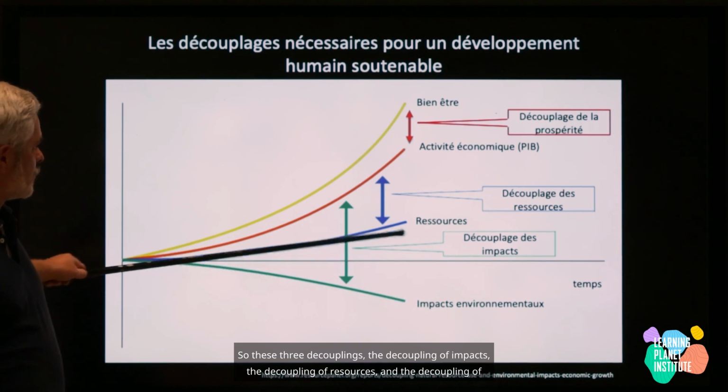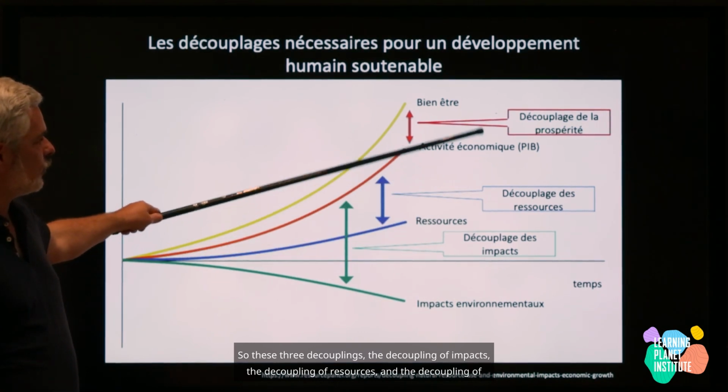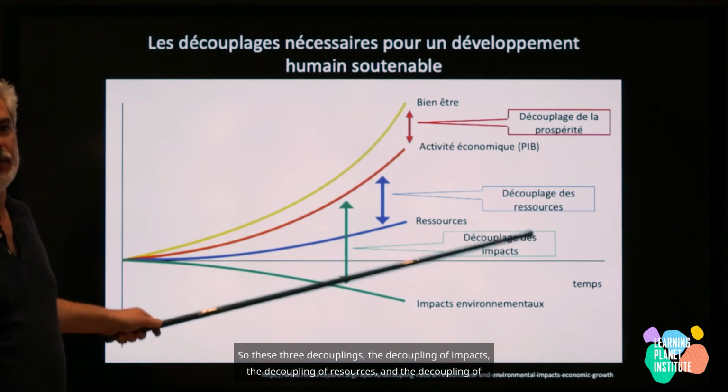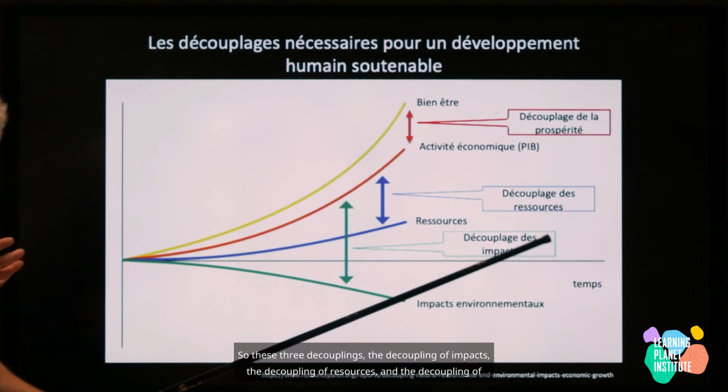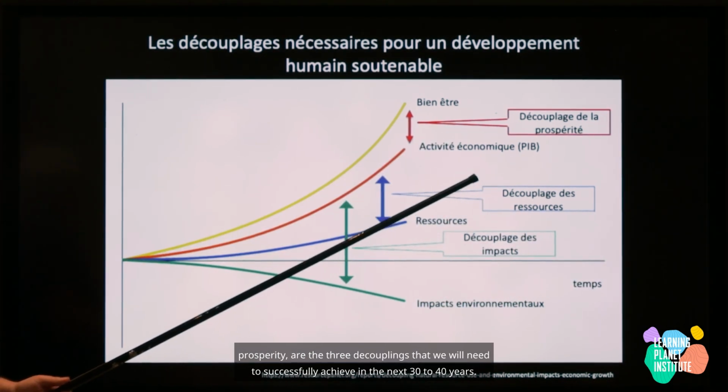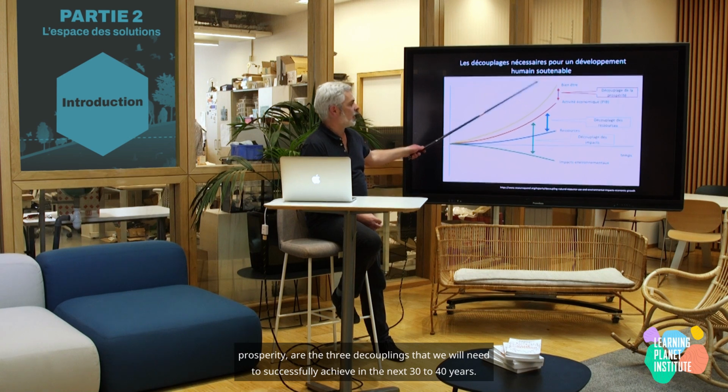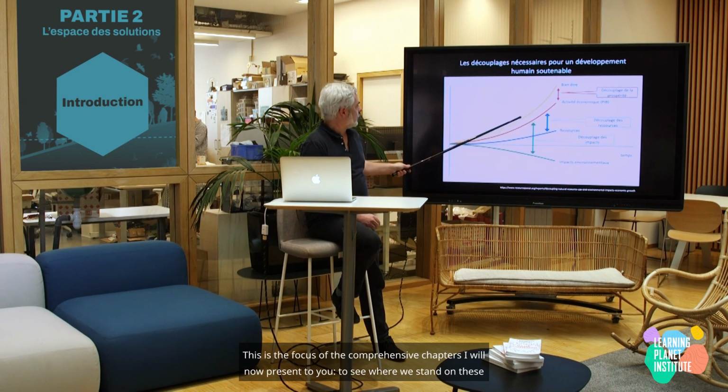So these three decouplings, the decoupling of impacts, the decoupling of resources, and the decoupling of prosperity, are the three decouplings that we will need to successfully achieve in the next 30 to 40 years. This is the focus of the comprehensive chapters I will now present to you.